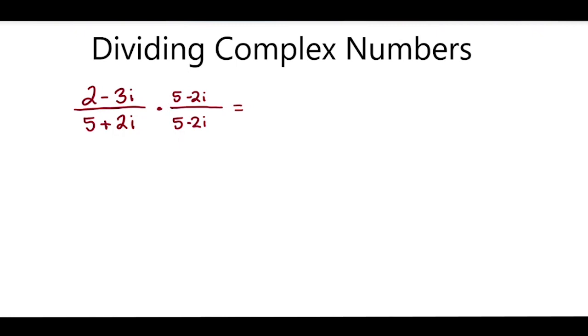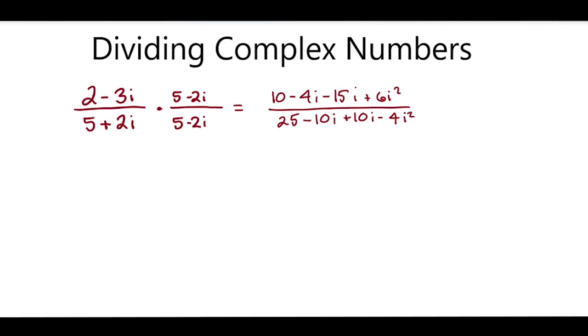So first, outer, inner, last on the top, which is going to give me 10 minus 4i minus 15i plus 6i squared over 25 minus 10i plus 10i minus 4i squared.